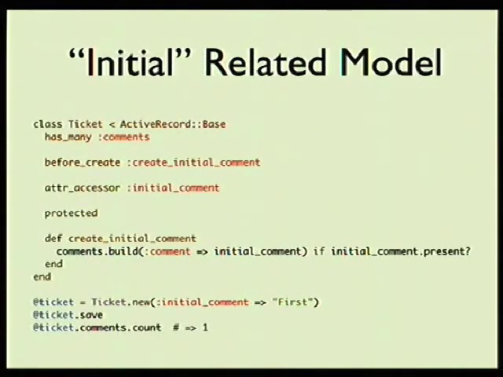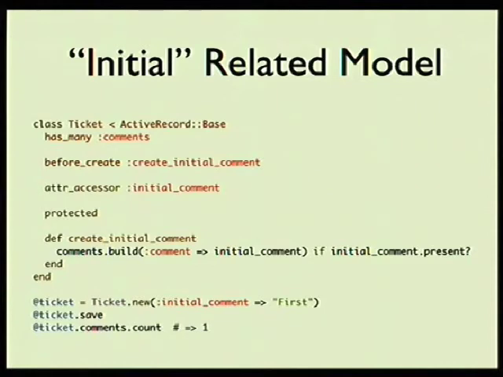Another technique that comes up a lot is if you have a model with a has many, and you usually want to create an initial record off that has many when you save the model. This comes up with things like maybe a ticketing system where it has many comments or log entries, where you create the ticket, but you also create an initial entry with it.